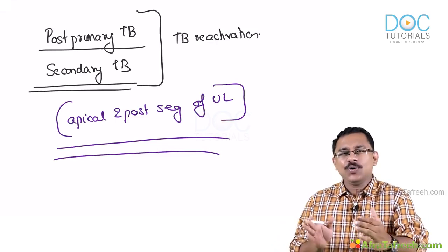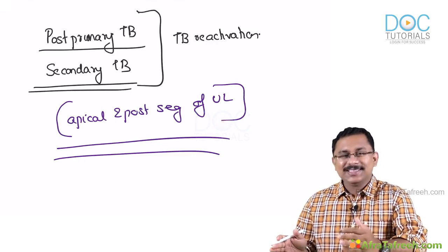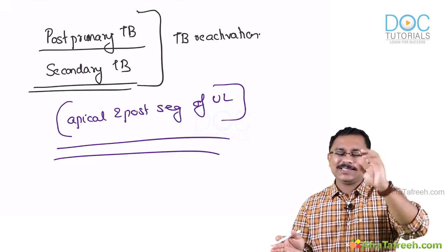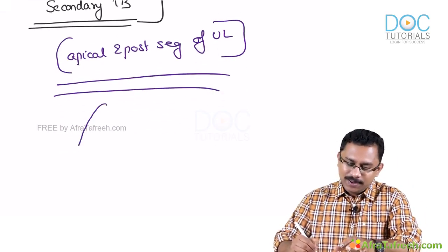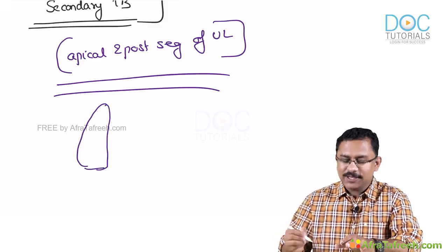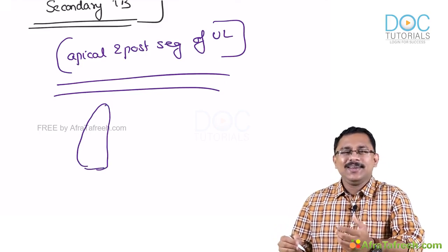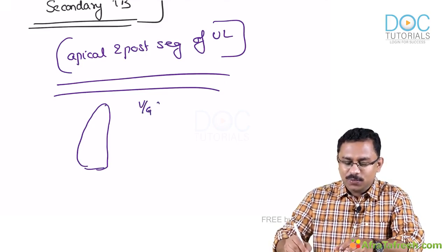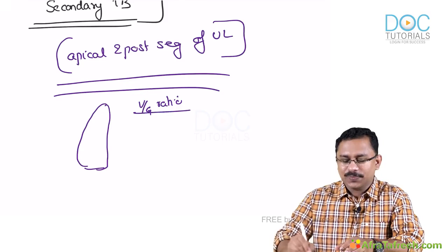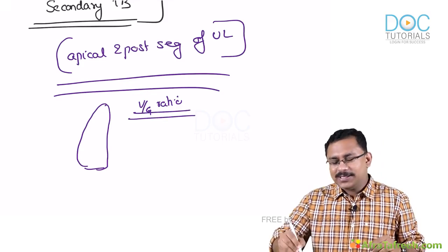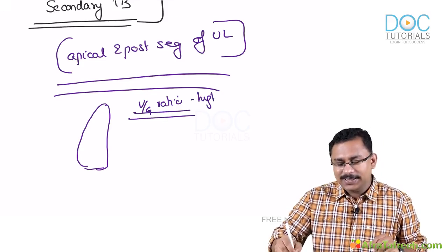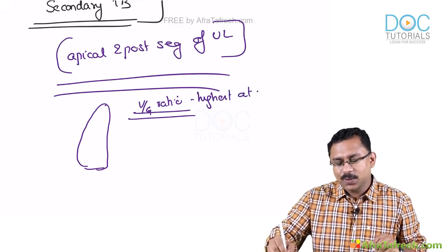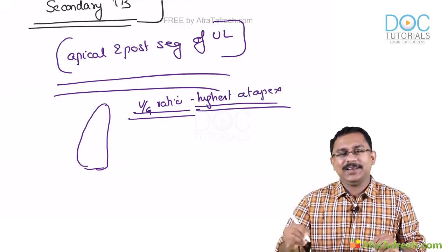Now, I am sure that you know the reason why this infection predominantly occurs in the upper part of the lungs, because you might have learned this in your physiology lessons as well. When you take into account the V by Q ratio, the ventilation perfusion ratio, the V by Q ratio is highest at the apex of the lungs.